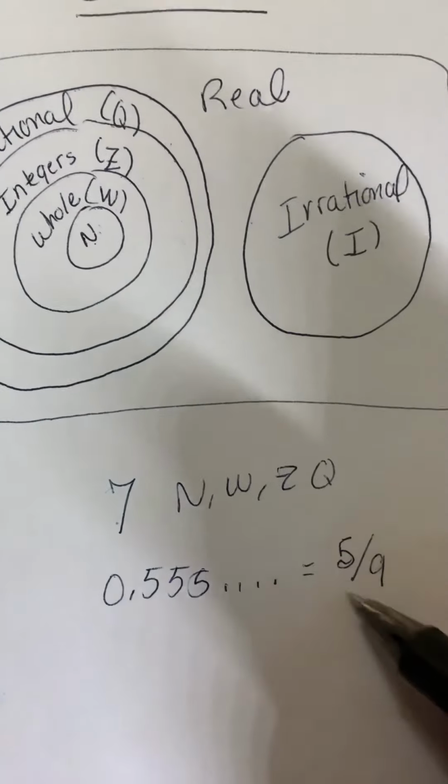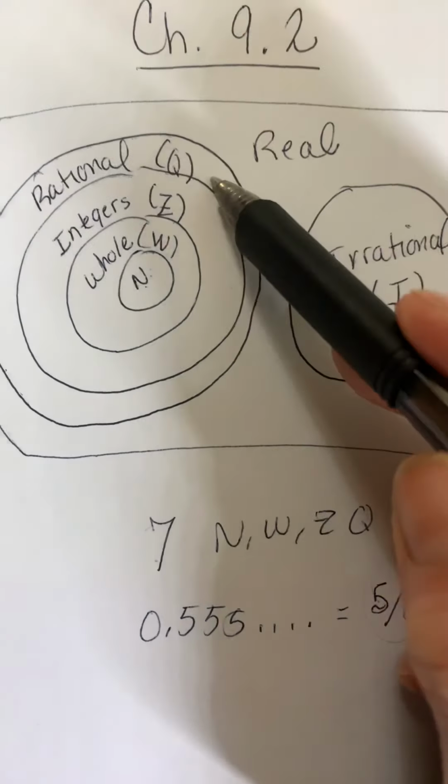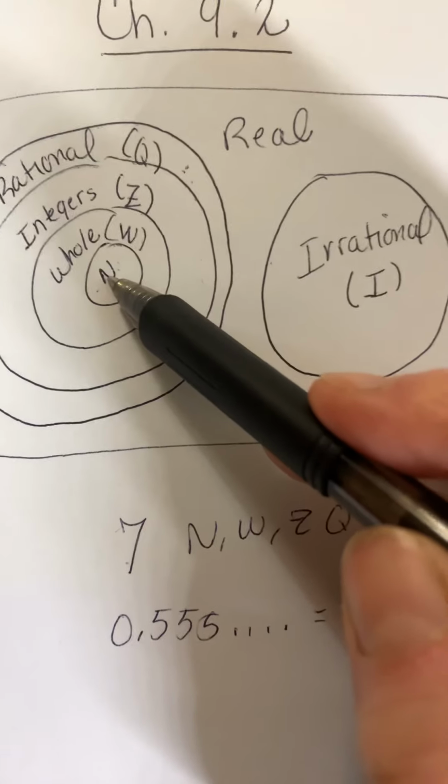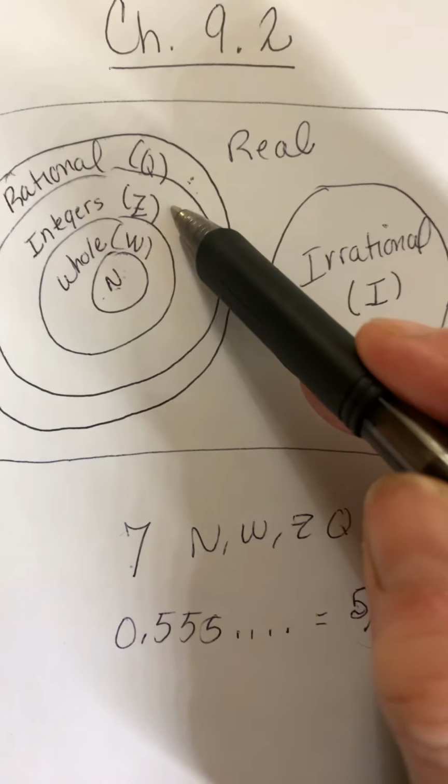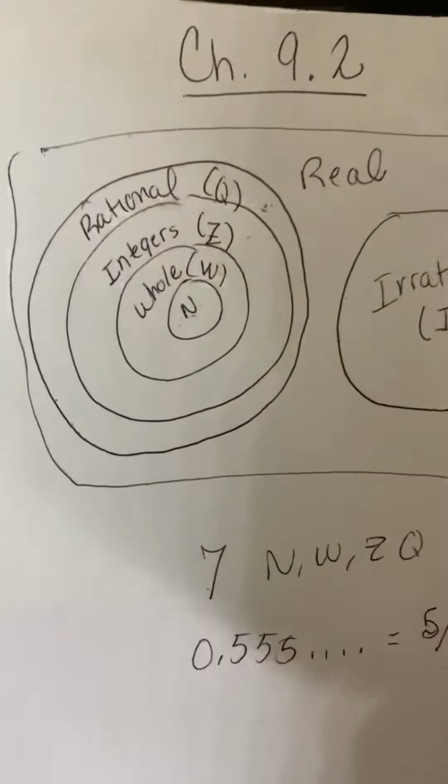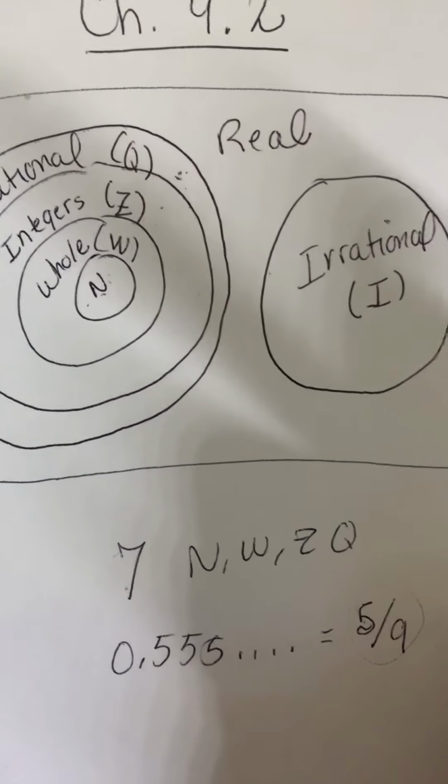So if it can be turned into a fraction, then we know it's a rational number. It's not natural, it's not a whole number, it's not an integer, but it is a rational number. So this one would only have a Q.